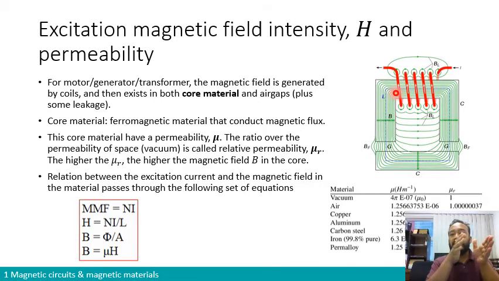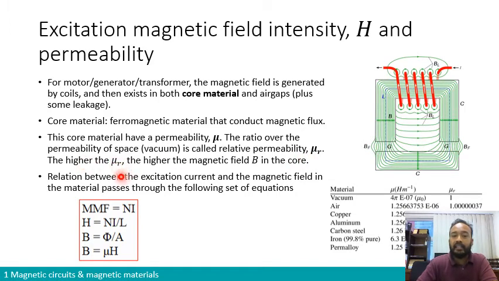If you concentrate the magnetic field, what does it mean? It means that you have more field lines per surface area, so you have more flux. More flux may generate, in consequence, a higher torque for motors. So this core material has a permeability mu, and we may also refer to relative permeability when we compare the permeability of a material to the permeability of space.